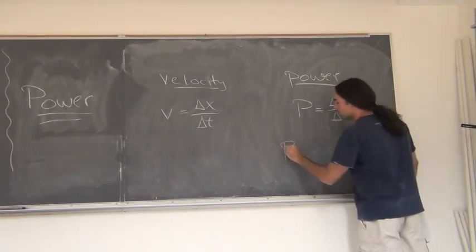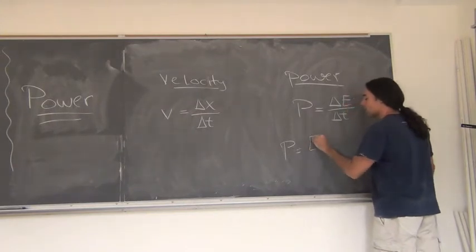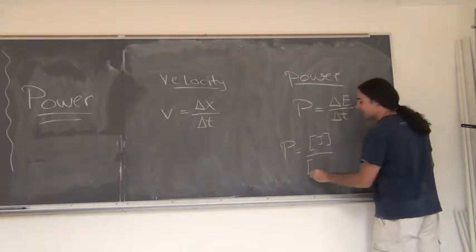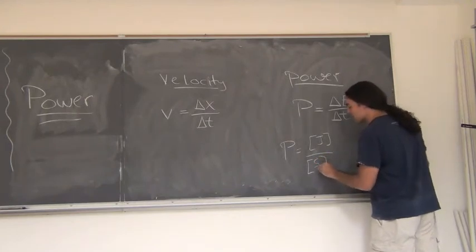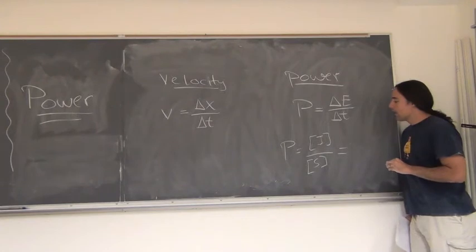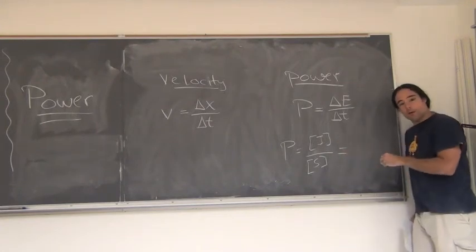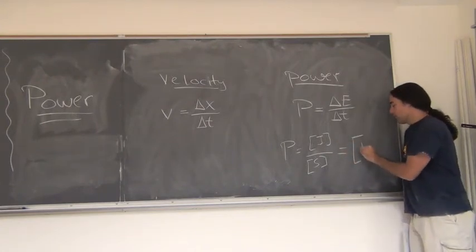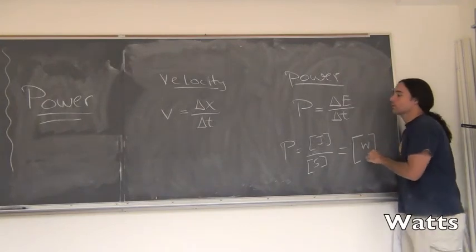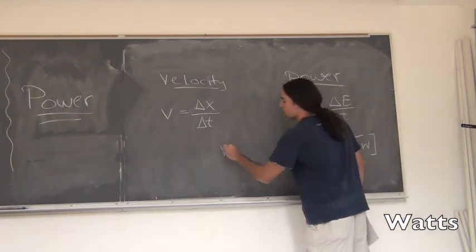Which means that the units of power are going to be joules, because energy is measured in joules, divided by the units of time, which is in seconds. So it'll be joules per second, and we come up with another name for this. This is called a watt, or W for short.